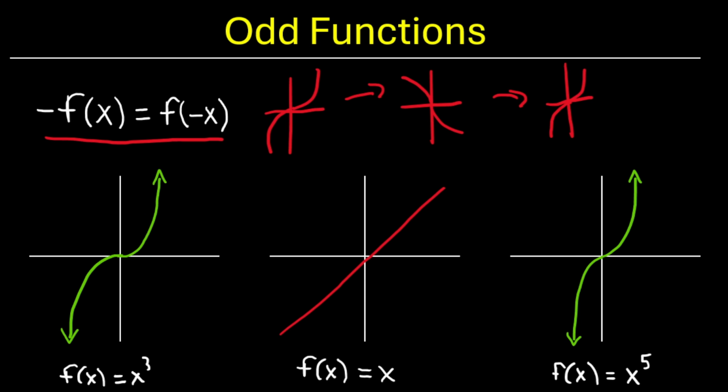So this is an odd function, which also applies to f of x equals x to the fifth. Exact same shape, rotated 180 degrees. You'll see it looks the exact same. And f of x equals x, again, same principle. That intersects the origin there. Rotate it 180 degrees. You'll see that it looks something like that.